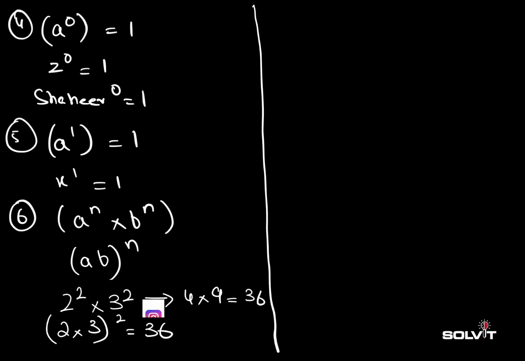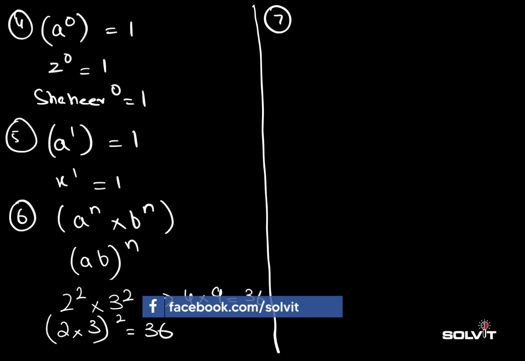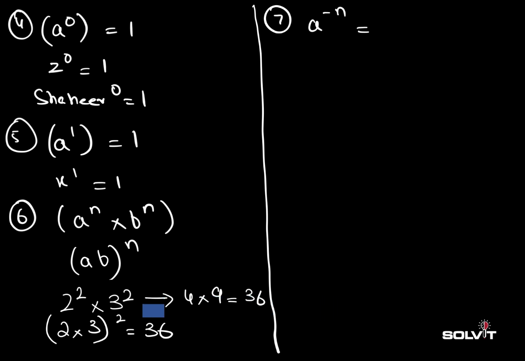So let's move on to the next rule, that is rule number 7. If it's written that a to the power of minus n, this means 1 over a to the power of positive n. So whenever there is a negative power, we need to reciprocate it to make it positive.